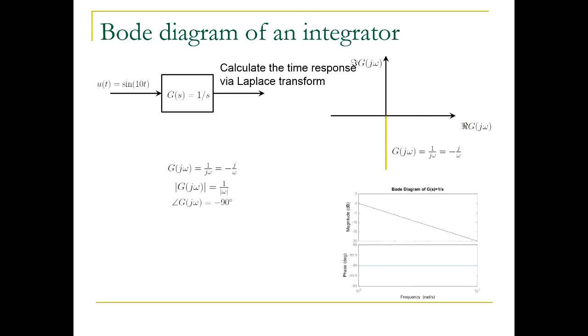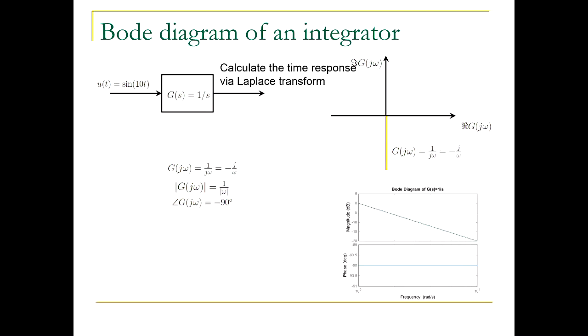Let's consider an integrator. When we substitute s = j omega, we get 1 over j omega, because the integrator was 1 over s. But if we multiply by j in the denominator and numerator, I get minus j over omega. So note now that when omega is small, the amplitude is actually very large, because I'm dividing by omega.